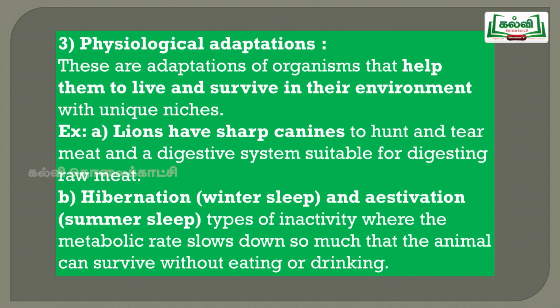The second one is hibernation, the winter sleep, and estivation, the summer sleep. These are two types of inactivity where the metabolic rate slows down, so that the animal can survive without eating or drinking for many days. So these are the physiological adaptations.